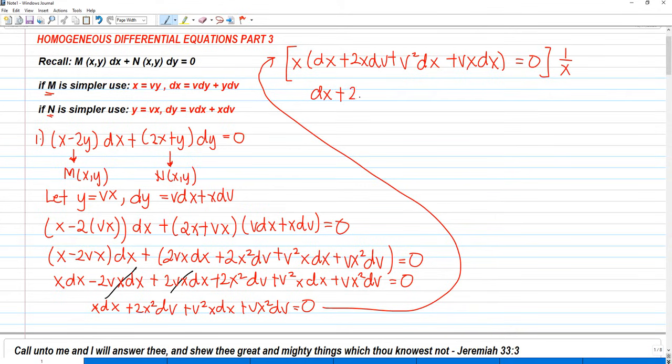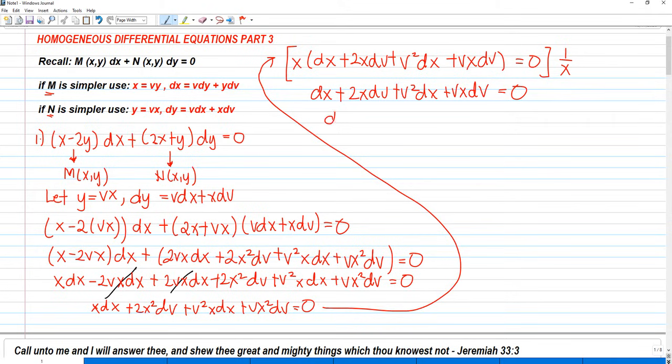So we have dx plus 2x dv plus v squared dx plus vx dv equals 0. Oops, I'm so sorry, this should be dv.